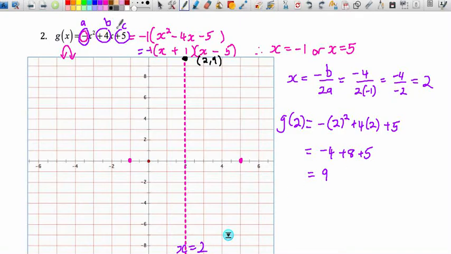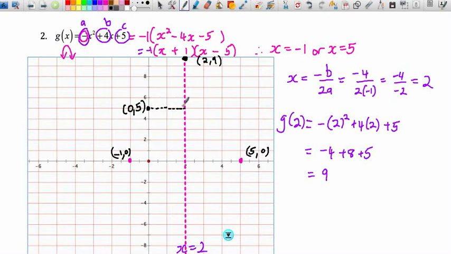From here, I should be able to identify the y-intercept. That is, of course, at x equals 0, y equals 5. These are the points I found earlier. We have -1, 0, and on the other side we had 5, 0. And the last thing that remains to do is just to find the point which is symmetrical to my y-intercept.